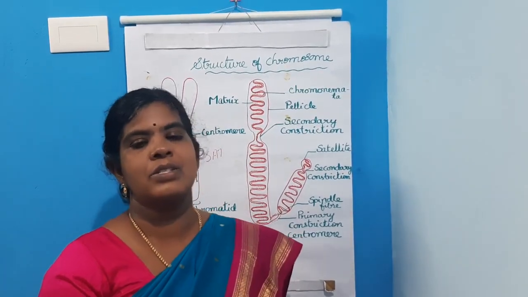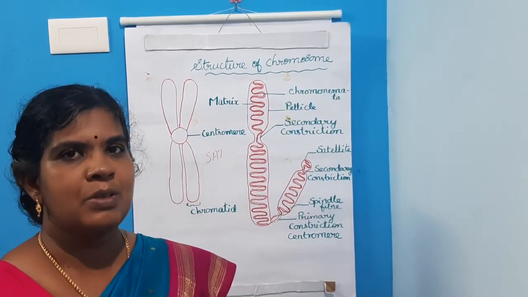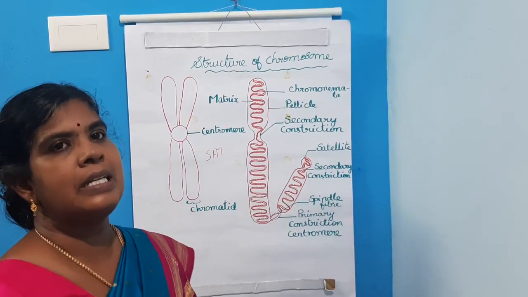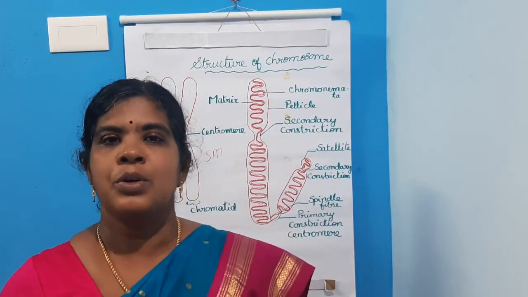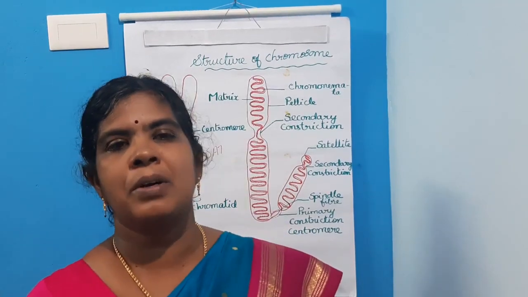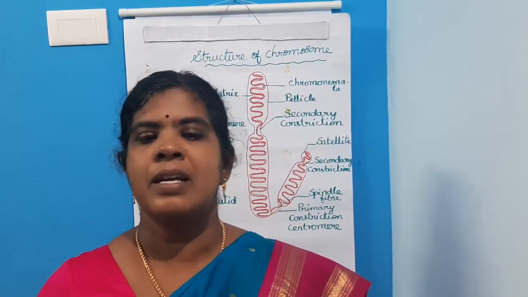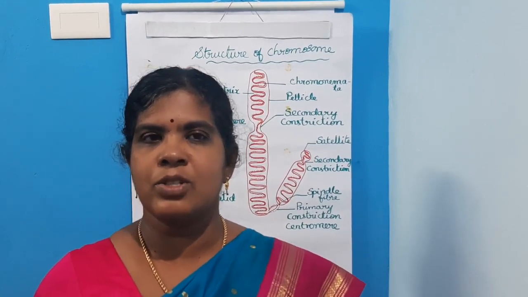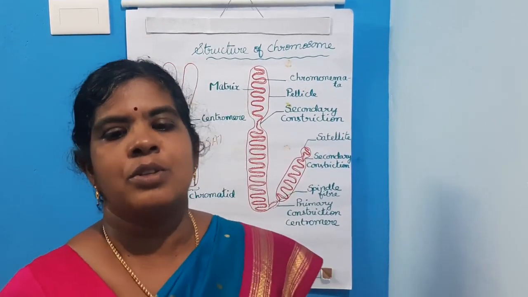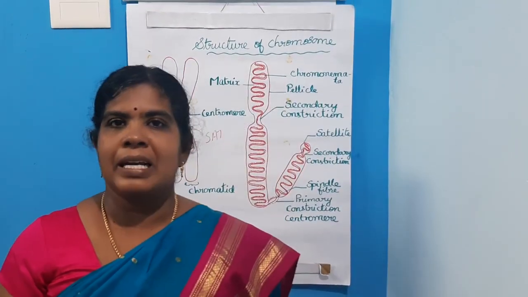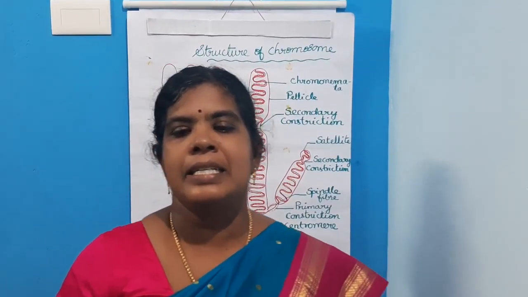This is the structure of chromosomes. Chromosomes are thin, elongated, rod-like structures present inside the nucleus of the cell. You all know that the human body is made up of millions of cells. The nucleus of each cell contains thread-like structures called what? Chromosomes. Who introduced the term chromosome? Waldeyer, in 1888.